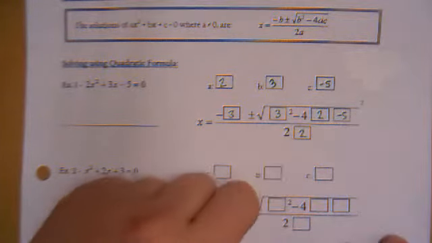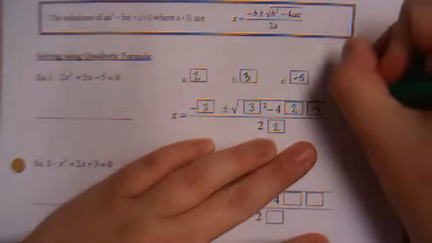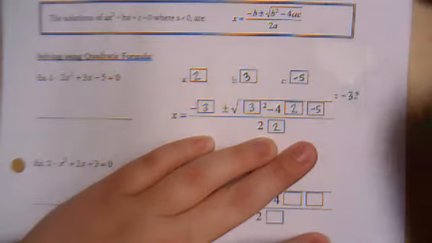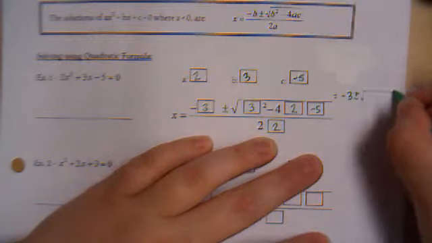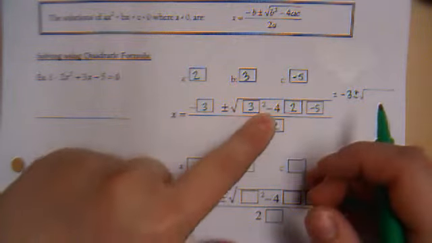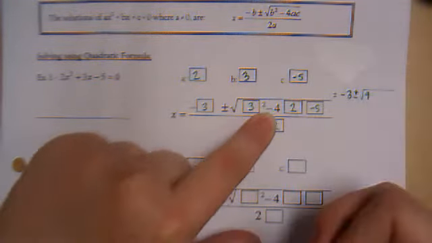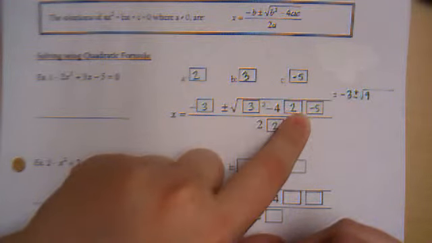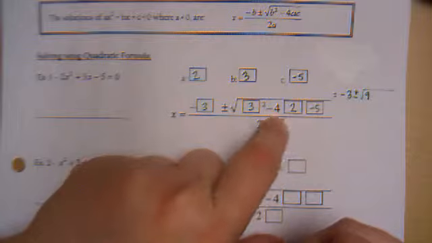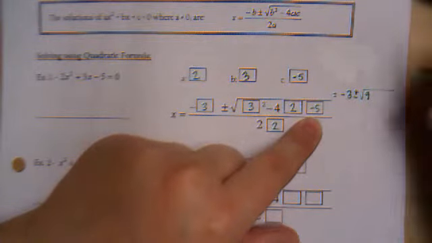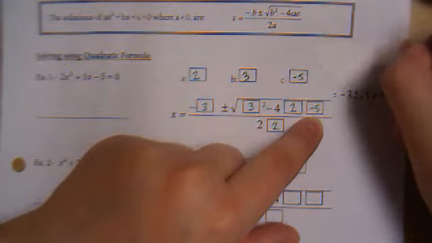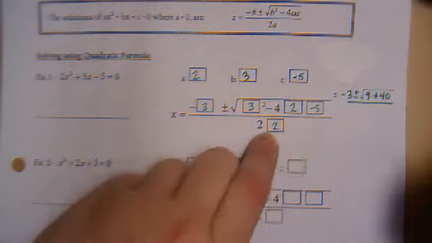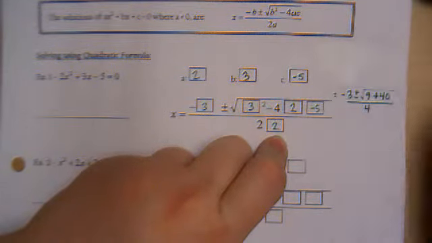Okay, so I'm going to rewrite the first part, so negative 3 plus or minus the square root. Okay, 3 squared is 9 minus 4 times 2, so negative 4 times 2 is negative 8. Negative 8 times negative 5 is positive 40, so it's going to be plus 40. All over 2 times 2 is 4.